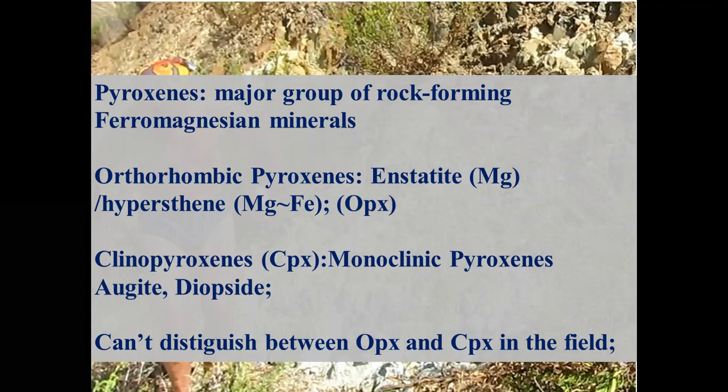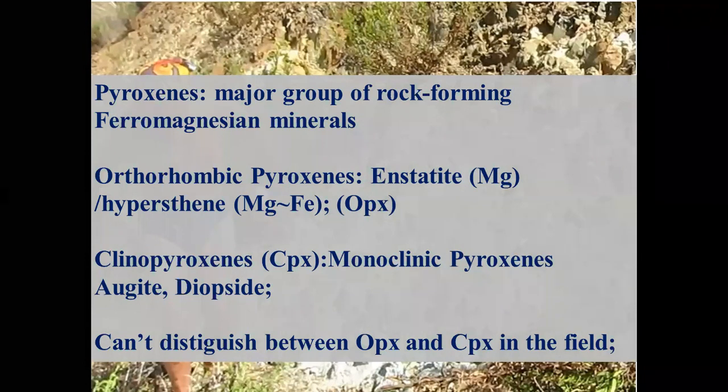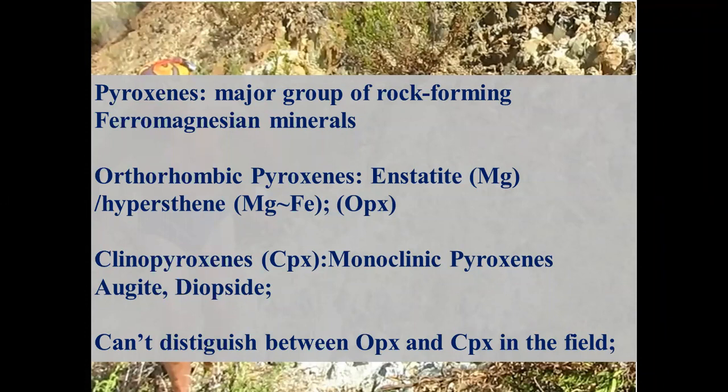Where these minerals are most common is in the basaltic, in the mafic rocks and the ultramafic rocks. So these are the minerals that go to form things like the peridotites, the gabbros, and basalts, and so forth.